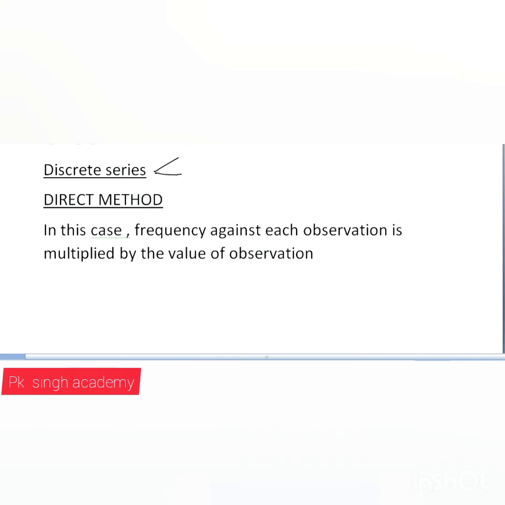The second one is the assumed method, or shortcut method. And the third one is the step deviation method. These are the three methods from which we can calculate the mean. So for discrete series, all these three are there.